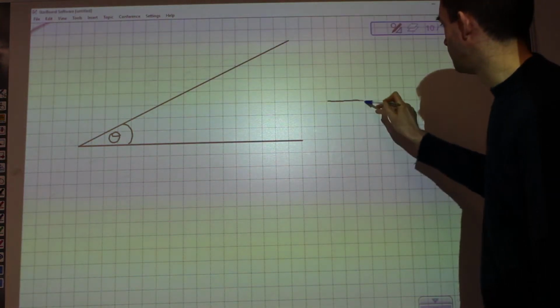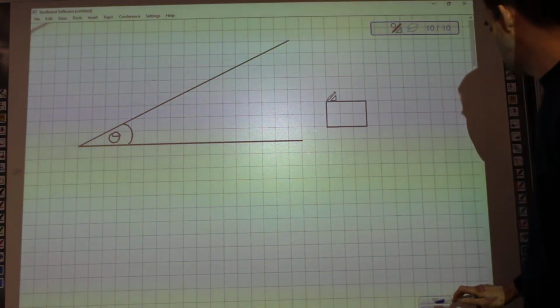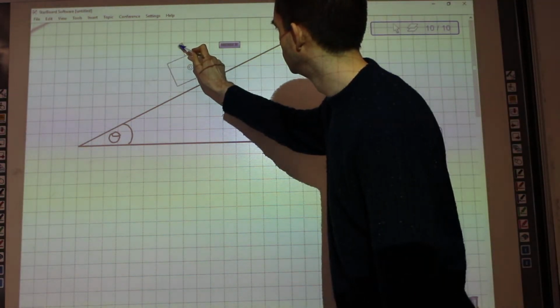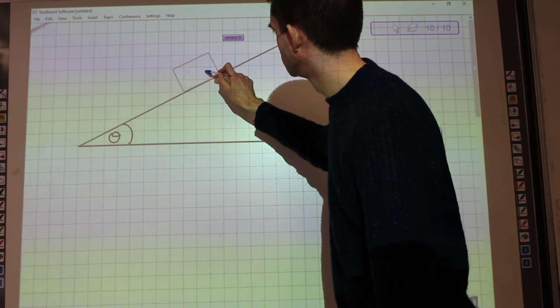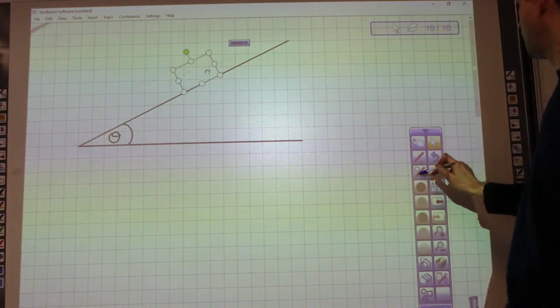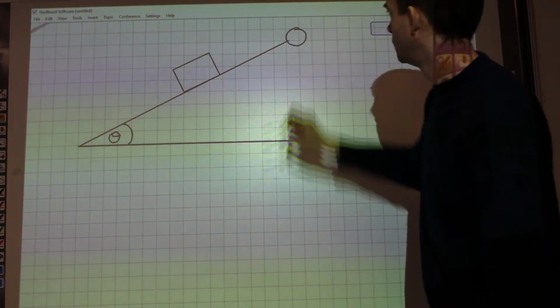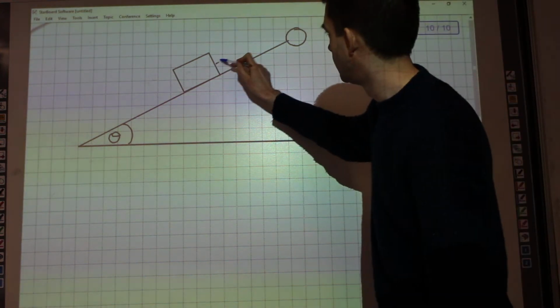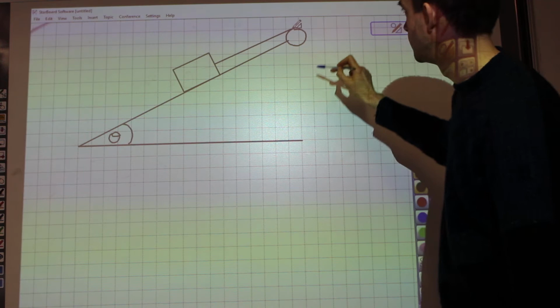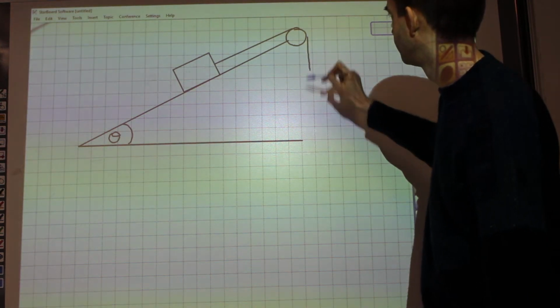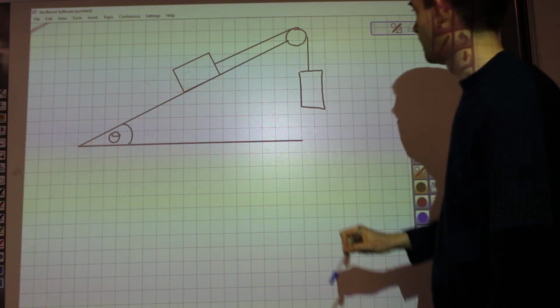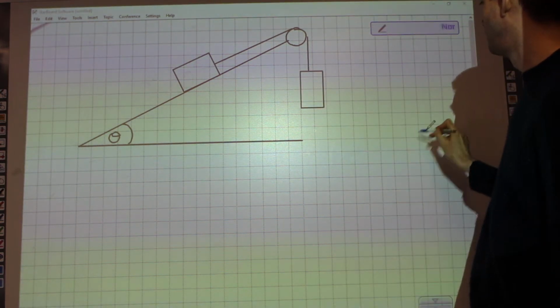We have a particle A just placed there. We've got the smooth fixed pulley at the top of the plane connected by the light inextensible string. And then we have the particle B hanging freely.